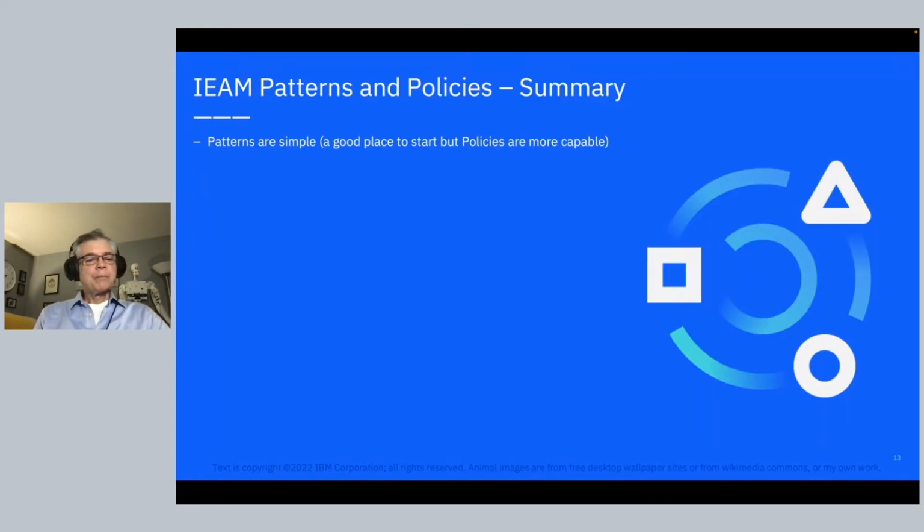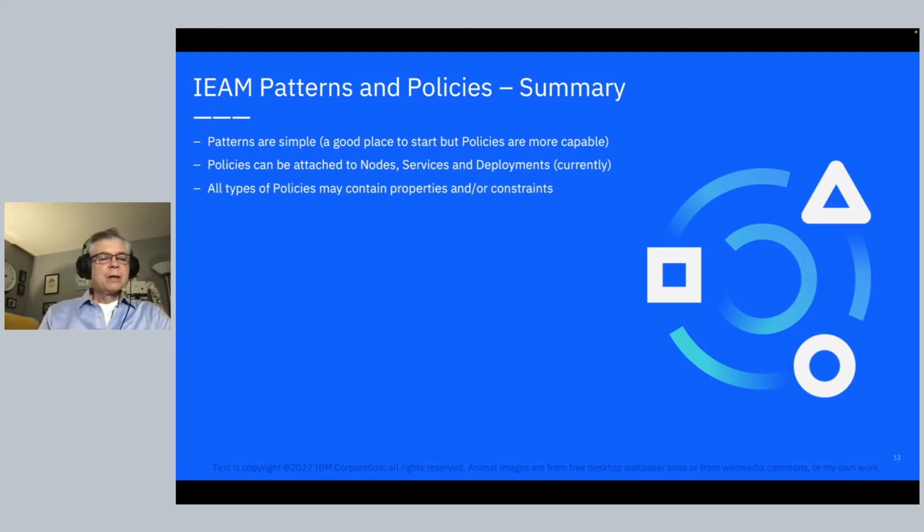So, a quick summary. Patterns are simple. They're a good place to start, but policies are much more capable. Policies can be attached to nodes, services, and deployments. We have in mind that we would like to have additional policies in future, but currently it's those three. All types of policies may contain properties and/or constraints.